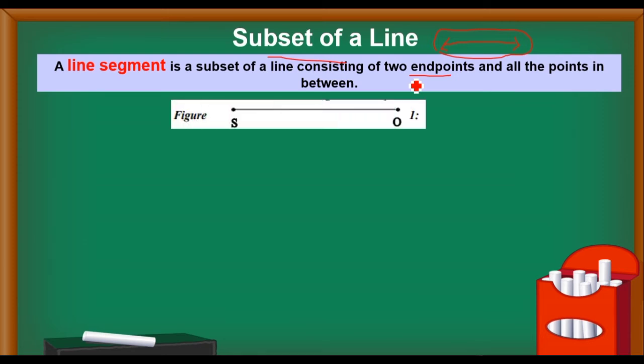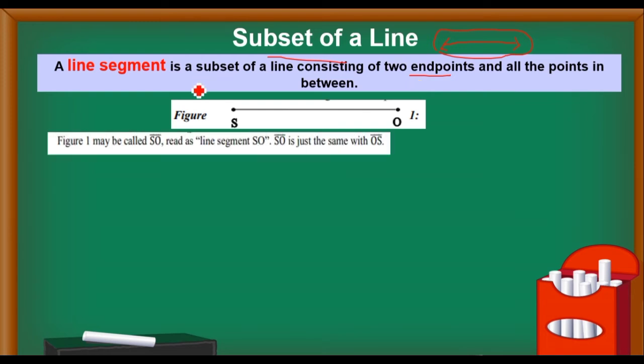So, for example, ayan, figure 1. May point S at may point O na nag-connect dun sa ating line. So, we can name this as line segment SO. So, line segment SO, just the same with line segment OS.